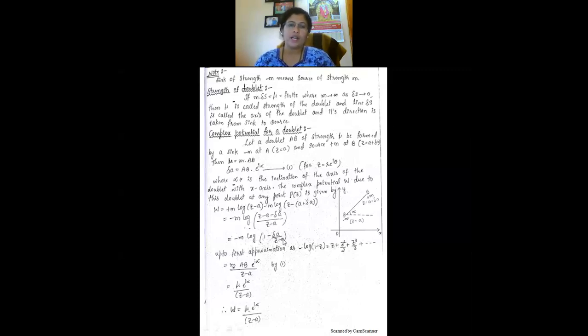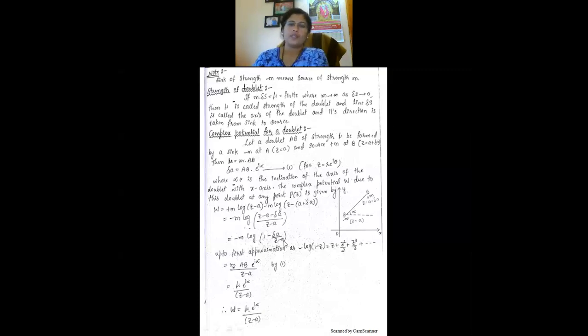Okay. Now, you know the binomial expansion of minus log of 1 minus Z. The expansion of minus log of 1 minus Z is nothing but Z plus Z square divided by 2 plus Z cube by 3 plus so on. So use this result for this. In place of Z, you have delta A divided by Z minus A and neglect the higher order.